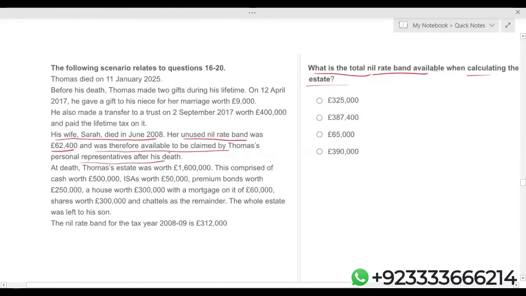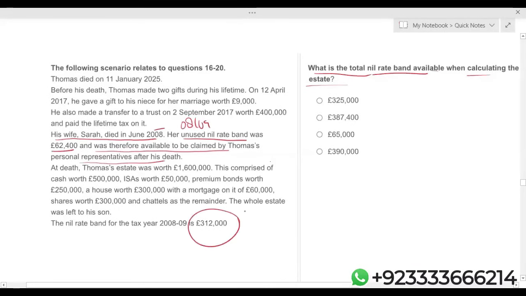Very important point. If one spouse dies before the second one and the first spouse did not utilize the entire nil rate band, then it will be transferred. Unutilized nil rate band will be transferred to the surviving spouse, but according to the percentage. June 2008, actually, it is tax year 08/09.